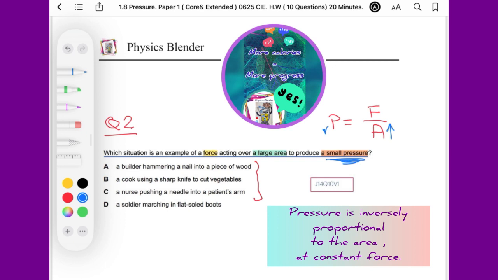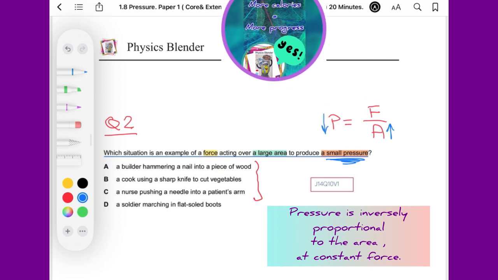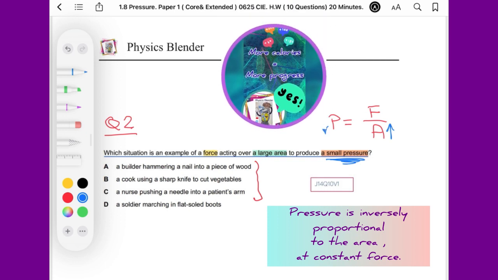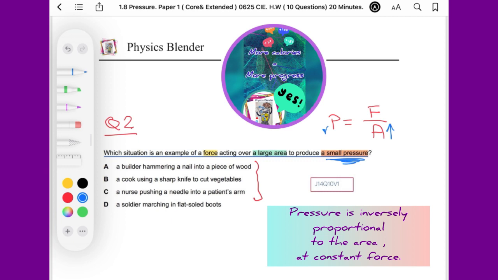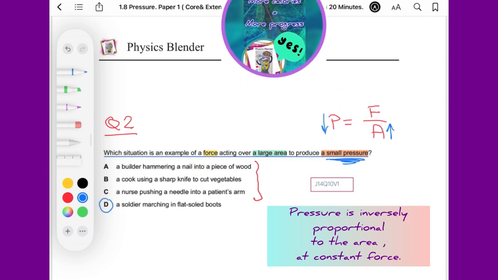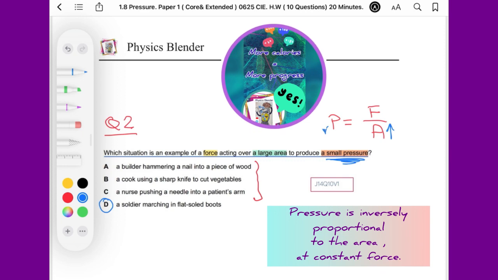All the first 3 examples are examples of very small area, so they exert more pressure. So the correct answer for this one is a soldier marching in flat-soled boots.